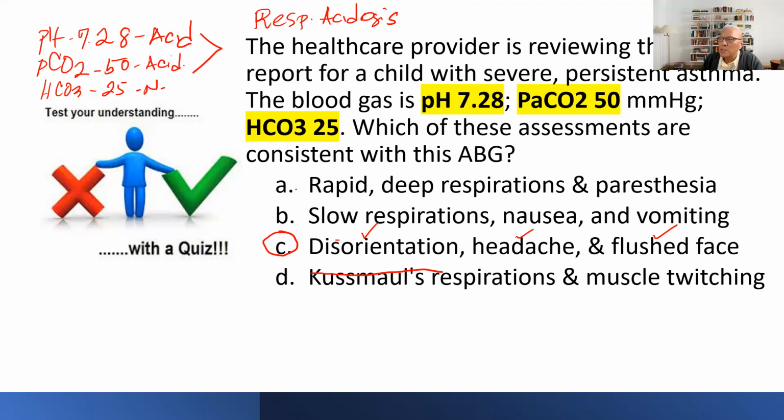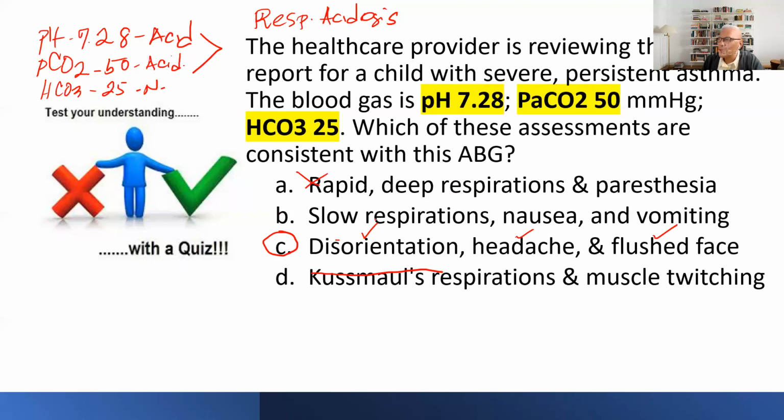So why is letter A incorrect? It says rapid deep respirations and paresthesia. Rapid and deep respirations would be reflected in the blood gas by a low CO2 because you're going to blow off the carbon dioxide. And that is the reason why this is going to be incorrect.